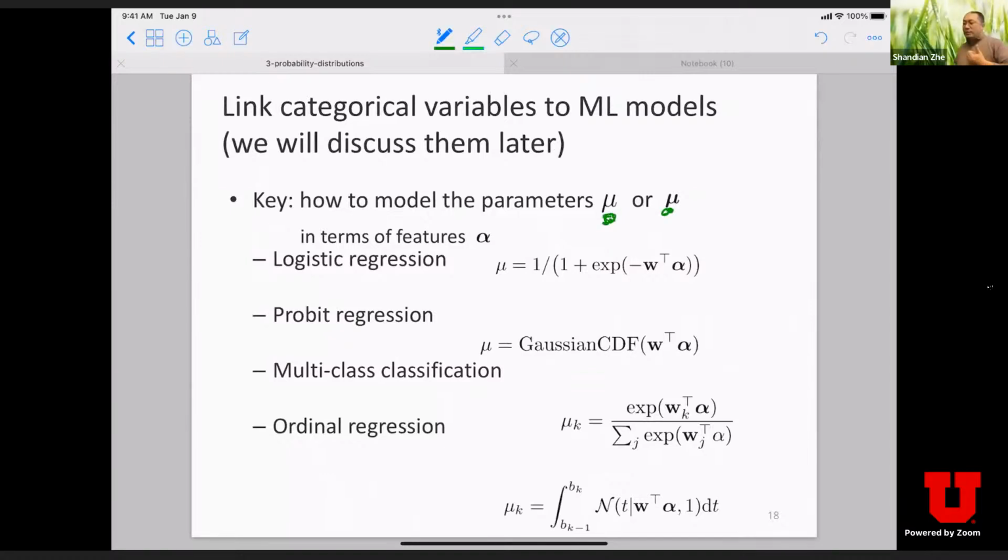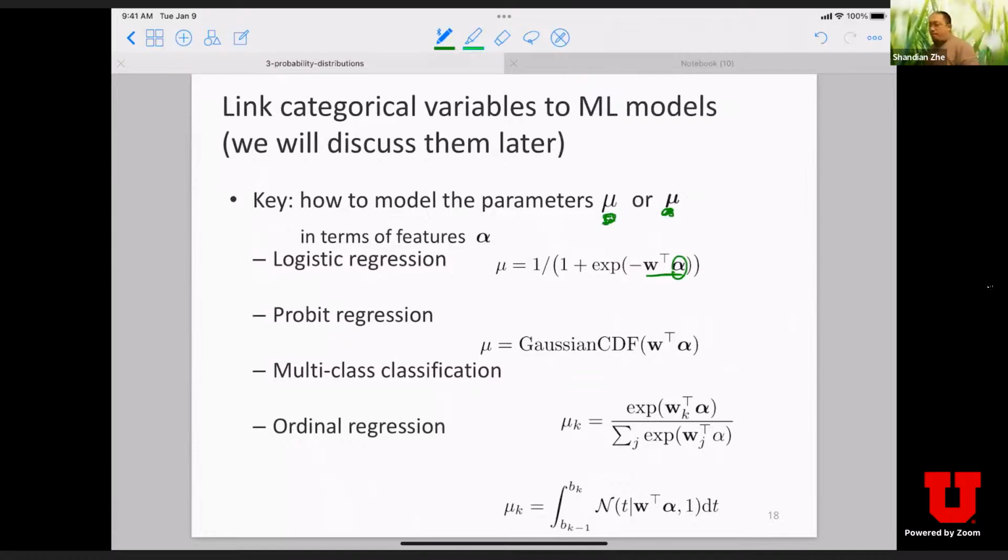So in essence, those models all model the parameters of these categorical distributions in whatever forms you want. For example, a very commonly used form is to introduce some linear model. For example, this alpha will be some feature vector. It might correspond to the pixel values of the image, or the words in a document, or whatever other feature vectors in your data.